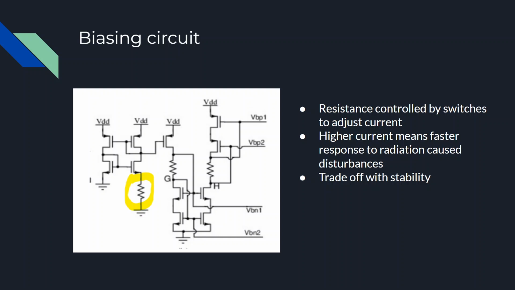By decreasing this resistance, we can increase the current in the charge pump, which can be used to increase the gain of the phase lock loop, which helps in faster settling and faster response times to the output jitters of the charge pump. But there is a trade-off as the stability goes down when the gain of the loop increases.